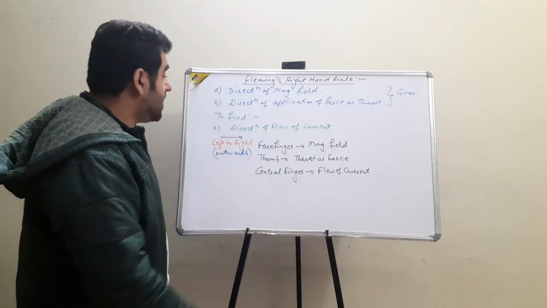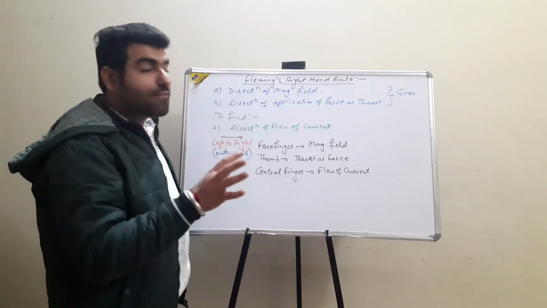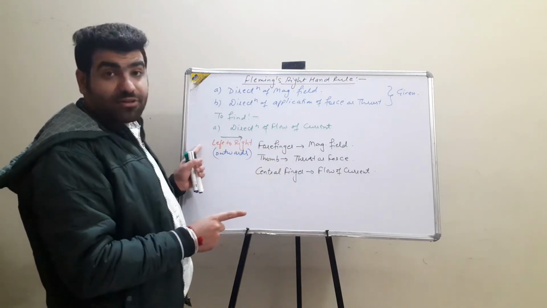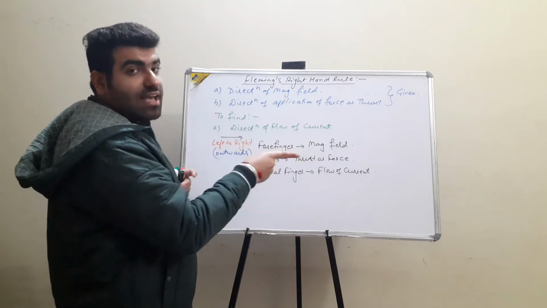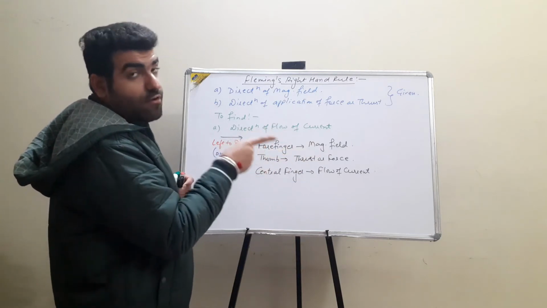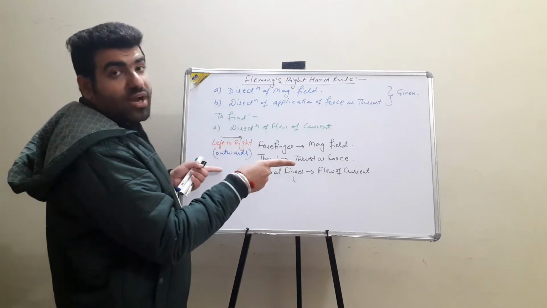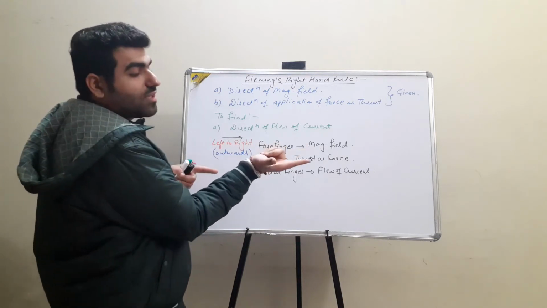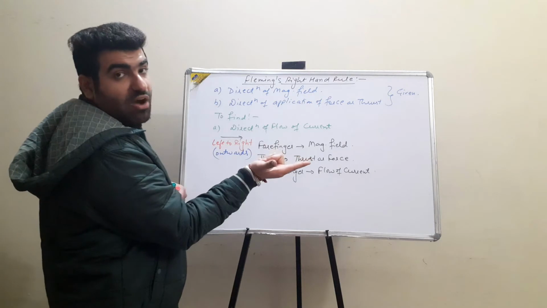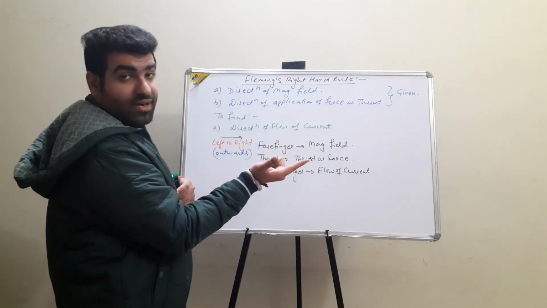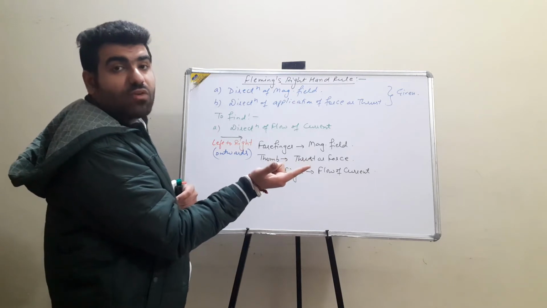How can we? Let us adjust the forefinger of our right hand in the direction of the magnetic field, which is left to right. The thumb is pointing in the direction outwards. Now the direction in which the central finger will be opened up will give us the direction of flow of current.